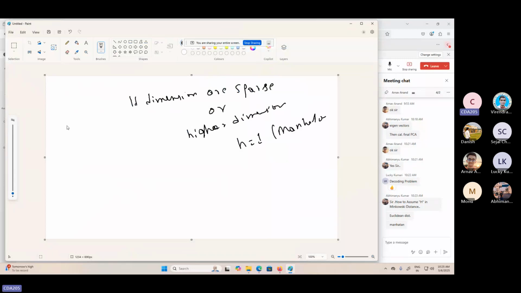Whereas whenever we are talking about dense and normalized data, then you can take h is equal to 2, that is the Euclidean distance.